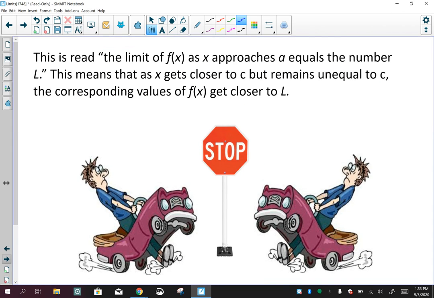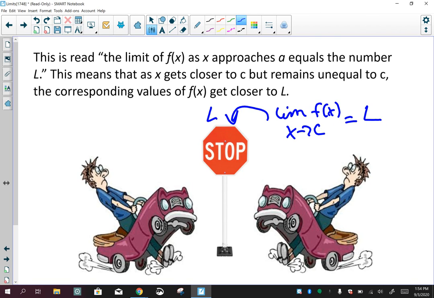So again, when we are talking about that whole little limit of f of x, let me just write this down. So your limit of f of x as x approaches c is equal to L. This here, the stop sign in this case, is my L because that's what I'm trying to get to.